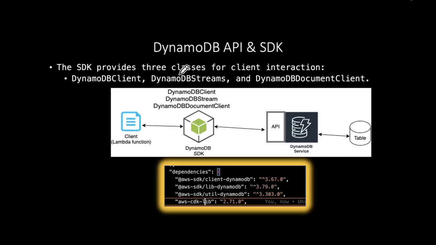This is the class that you would use when you're using the streaming part of DynamoDB, which we're not going to look at. And this is the class that you would use when you're trying to do normal read-write operations. This DynamoDB document client class actually uses this one internally.